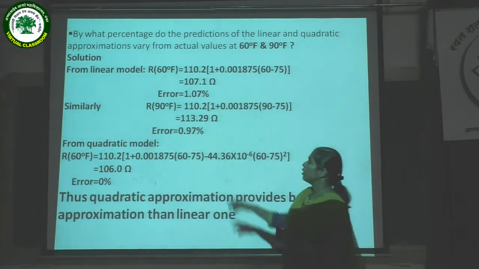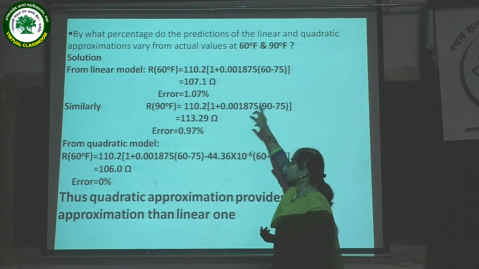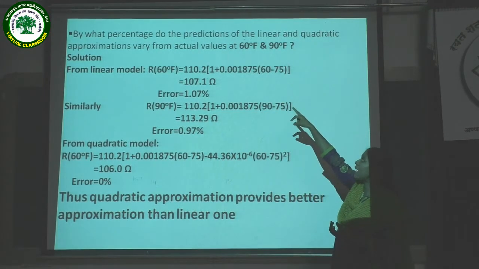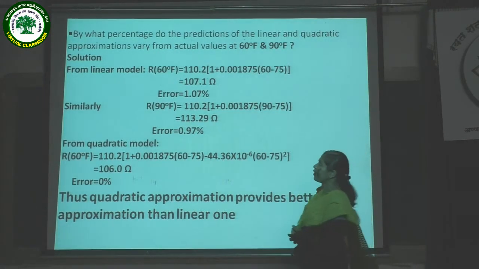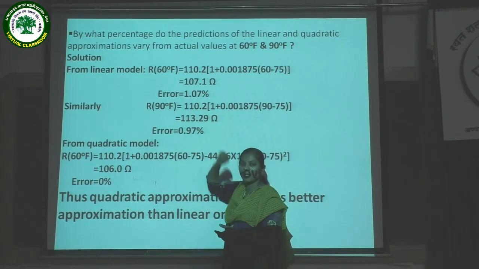As we have seen both problems regarding linear as well as quadratic. For the linear model or linear approximation we have used this equation. Since they have asked us to calculate resistance at 60 degrees Fahrenheit, we have taken R at 60 degrees Fahrenheit, that is resistance at that temperature.